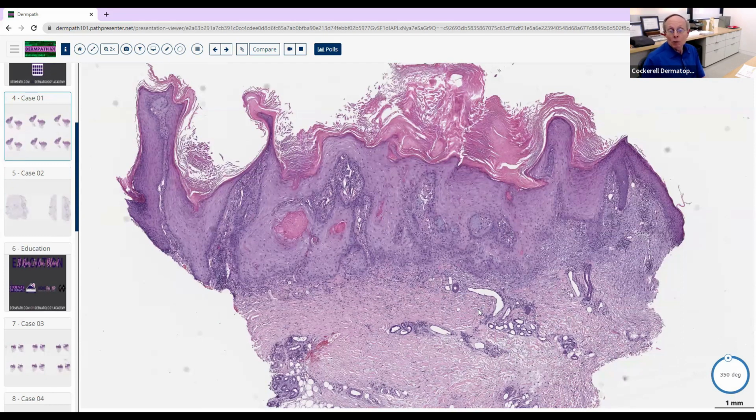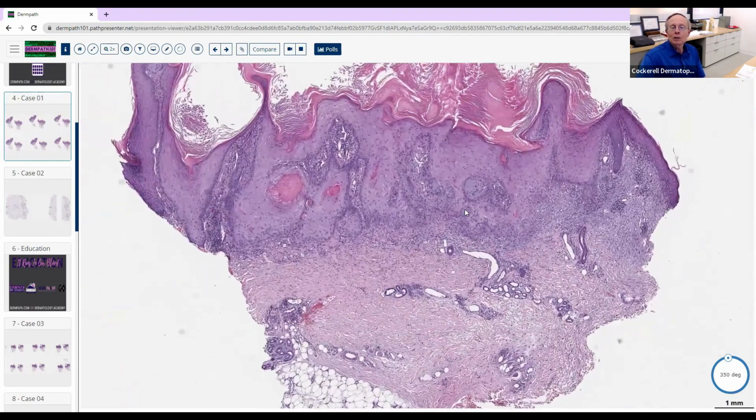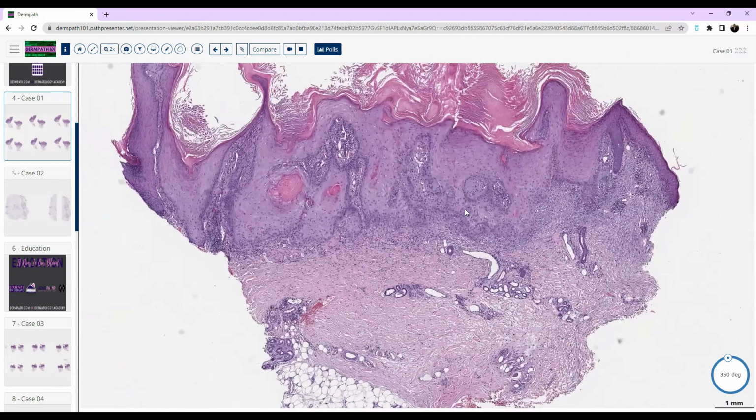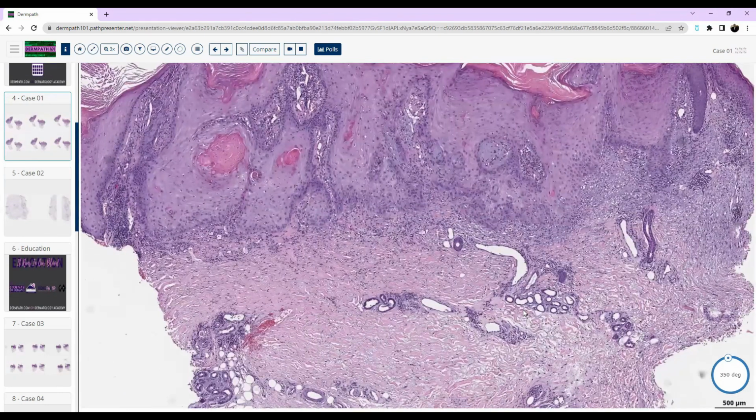So here, yeah, you're right. It is pseudoepitheliomatous. So what's causing the pseudoepitheliomatous hyperplasia? Is that the diagnosis, or is there some other process that's leading to this? Yeah, so it's usually a finding of something else that's causing it. In this case, it can be a couple different things.